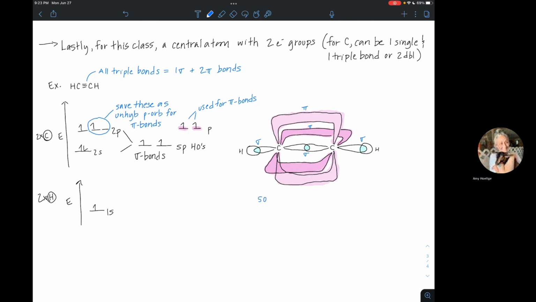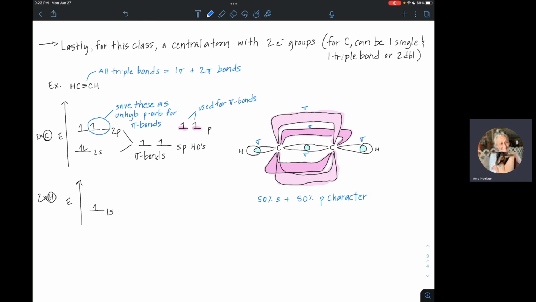So with our triple bond, we have 50% S and 50% P character. If you look at the hybrid, we have 50% S character, so we have an S orbital, and we have one of the P orbitals, so 50% there.